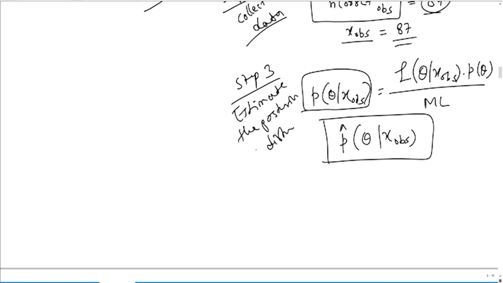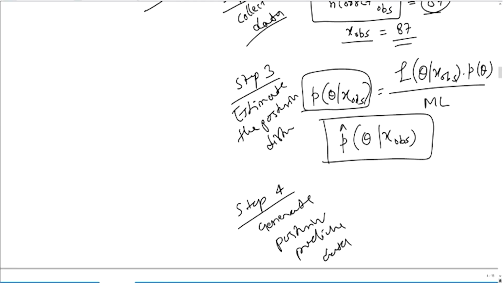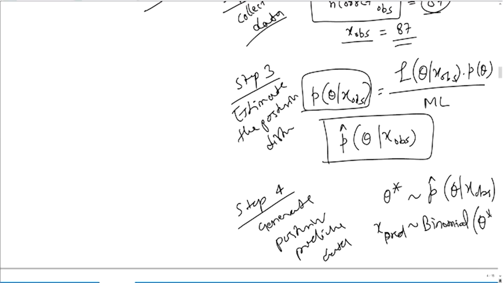Now, once you have the posterior distribution, you can generate posterior predictive data. Okay. How do we generate posterior predictive data? Well, draw a sample from the estimated posterior distribution and, conditional on that sample, draw predictions from the likelihood function that you assumed, which was in our case binomial likelihood, conditional on theta star, which is a sample from the posterior. Okay.